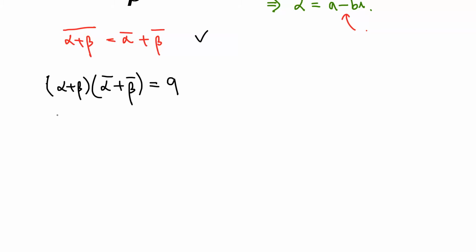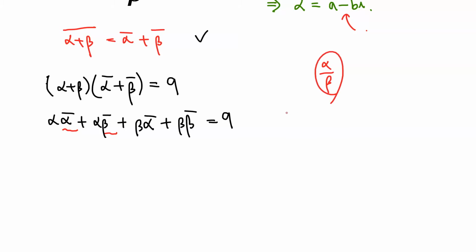If we expand this, alpha alpha bar plus alpha beta bar plus beta alpha bar plus beta beta bar equals 9.